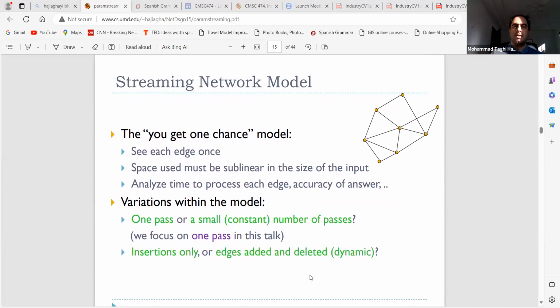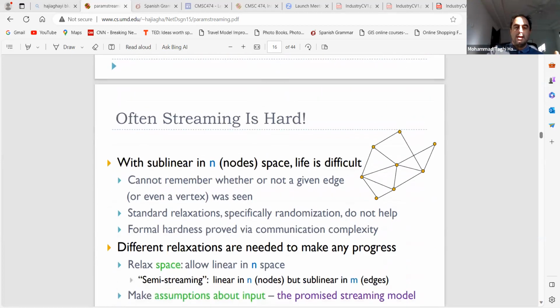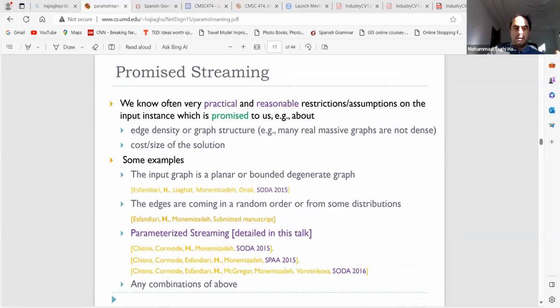We considered a graph where the edges are coming one by one. And the idea is that we want to have some algorithms which are sublinear, preferably in n, the number of vertices, but even in m, the number of edges is reasonable. It is called the semi-streaming model. And then you can have a one-pass model or multiple passes, and also this kind of insertion only, or the case that we have the dynamic case and edges can be added or deleted.